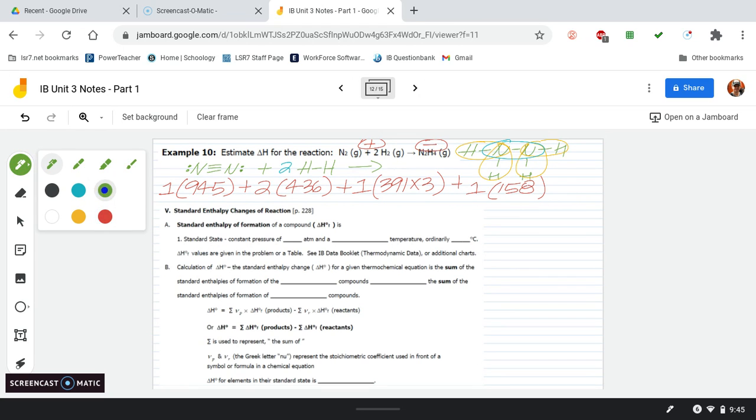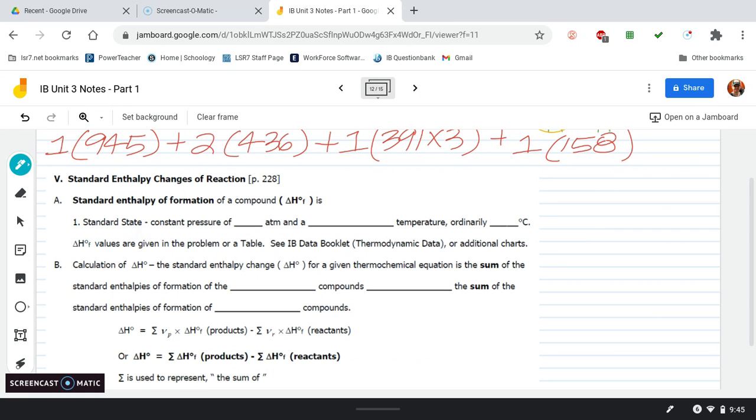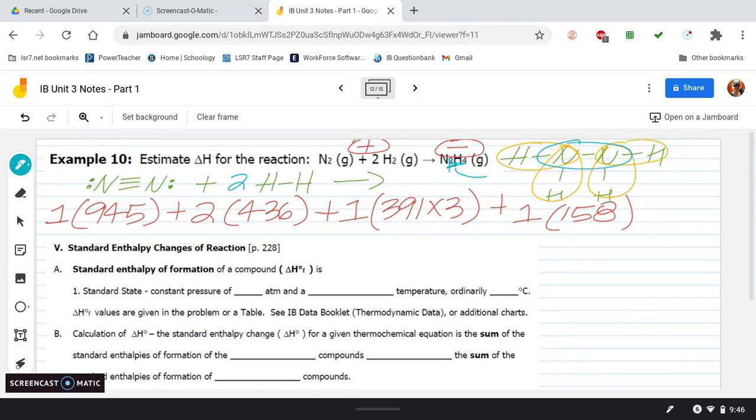Okay, now we have to think about this. We have to make sure that these have the negative sign, right? So we said right here, we have to give the negative sign to the things that are products, right? So we're going to give them a negative sign because they're products. So let's go back and look at this. So it's not 391, but it's going to be negative 391 times 3. And it's not going to be 158, it's going to be negative 158.